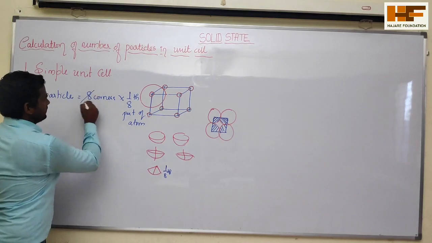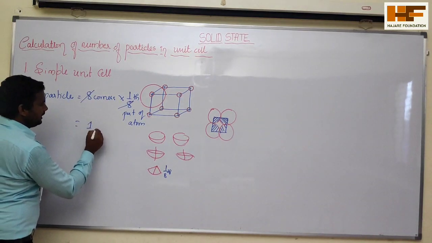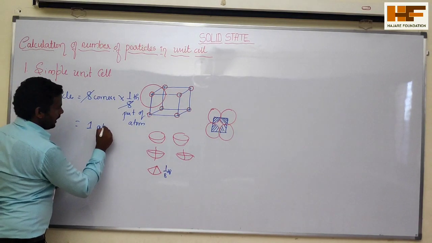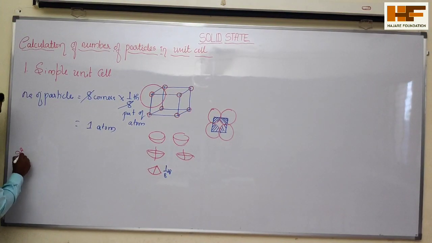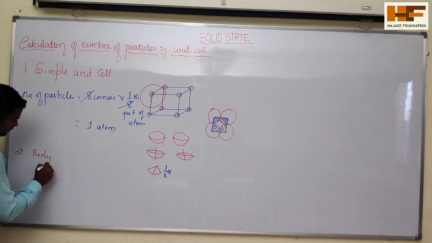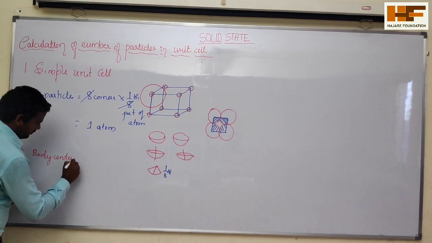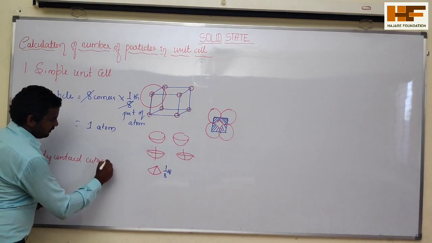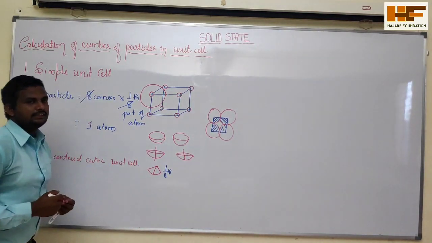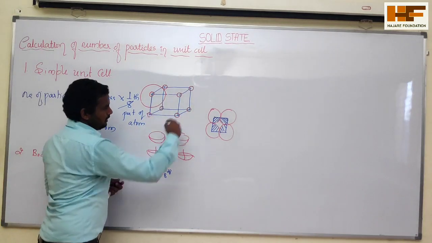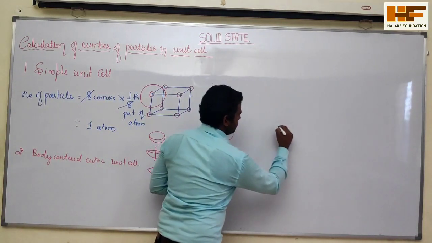So this will get cancelled and totally we will get one atom. So to the second one, body centered cubic unit cell. Right? In this, as we already know, the same thing in all the corners.